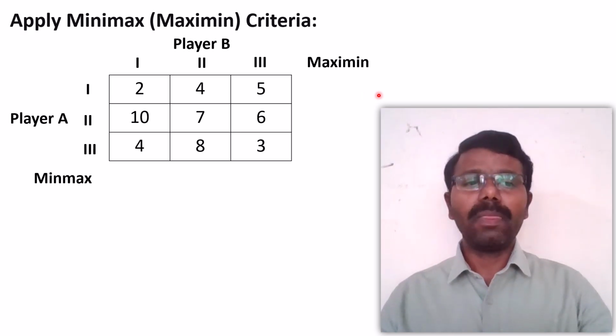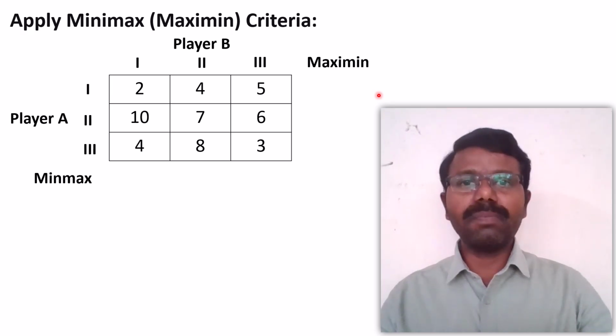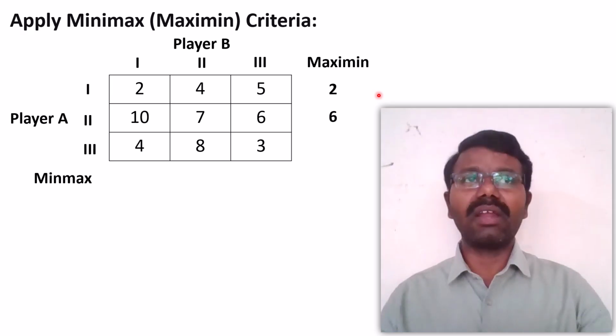If you observe this payoff matrix, player A's first strategy has 2, 4 and 5. Out of these three elements, 2 is the minimum value, so we write the minimum value 2 here. In the second row, out of 10, 7, 6, the minimum value is 6, so I write 6 here.